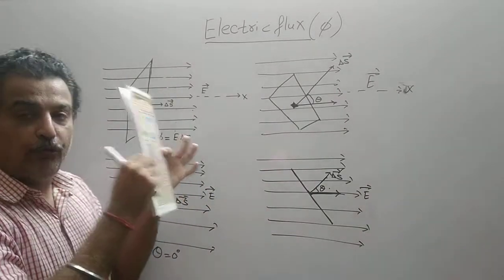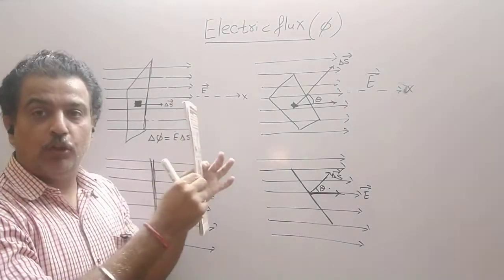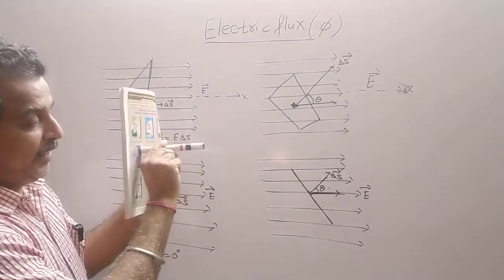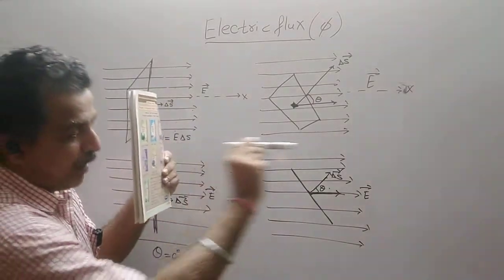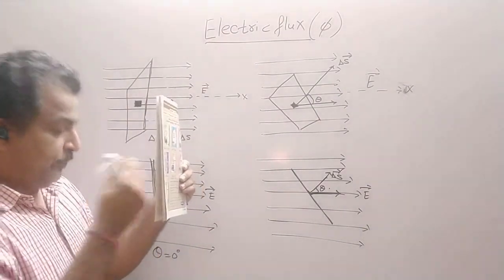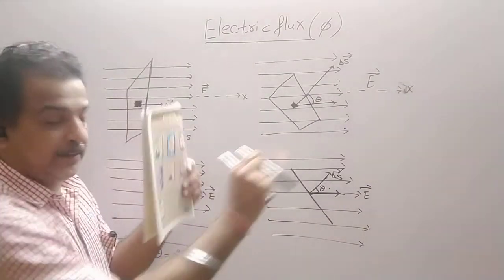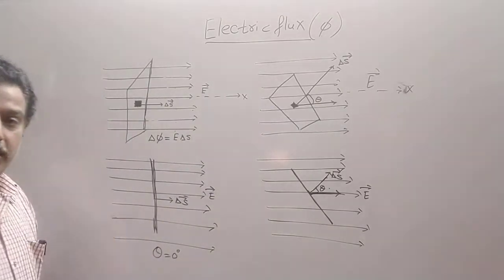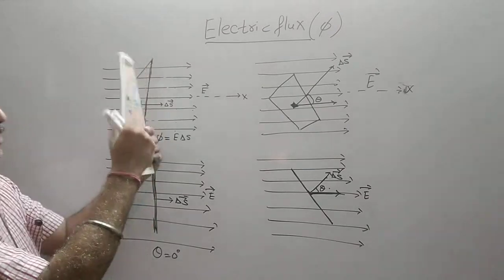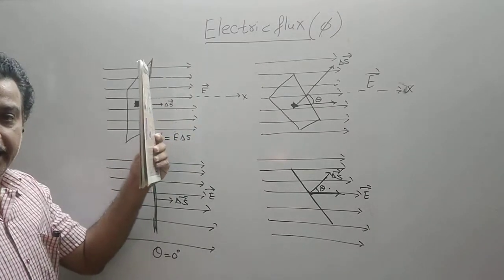If I want to find out the direction of the area vector, it should always be normal to the surface. So the area vector is along this axis, and my field is also along this axis. So I have written theta is equal to 0. In this case, all the field lines are passing through this unit area.